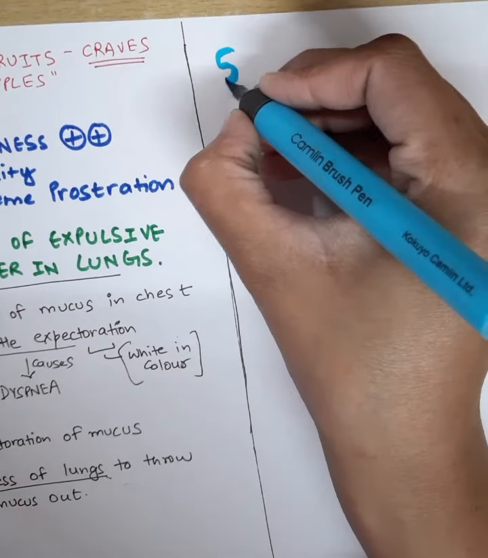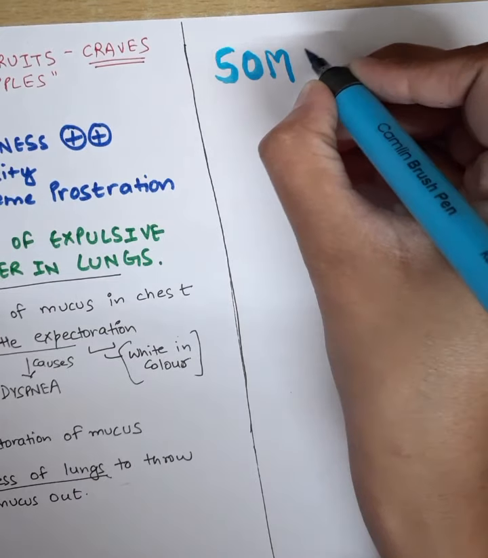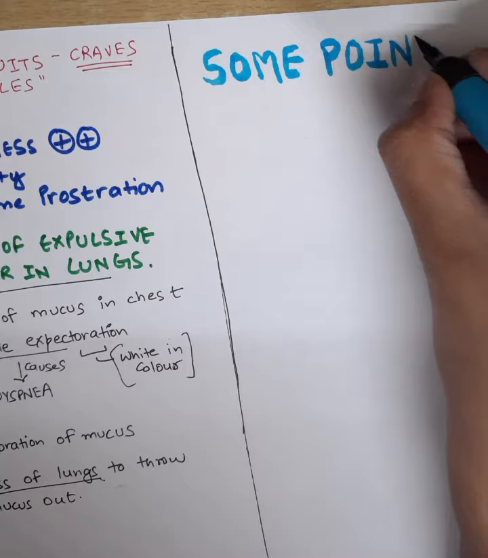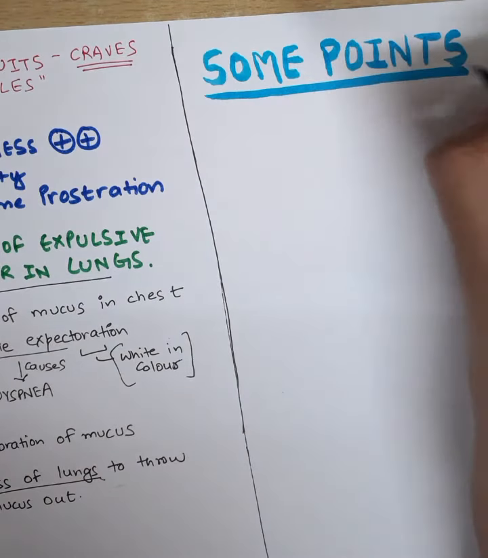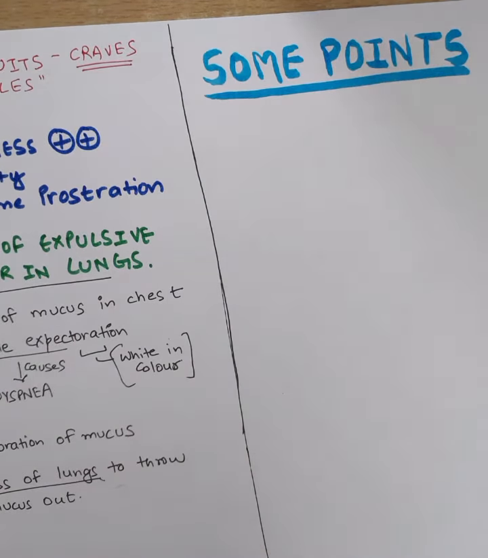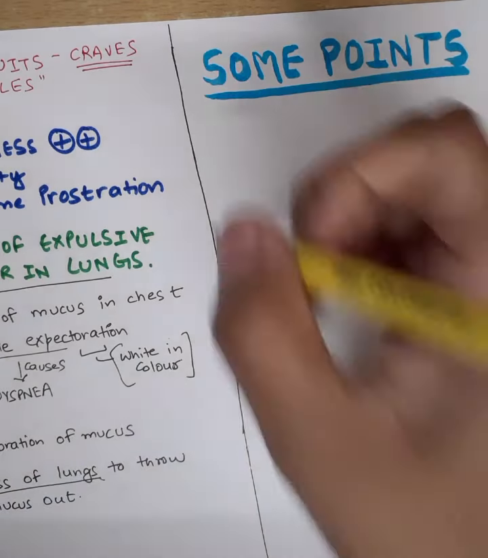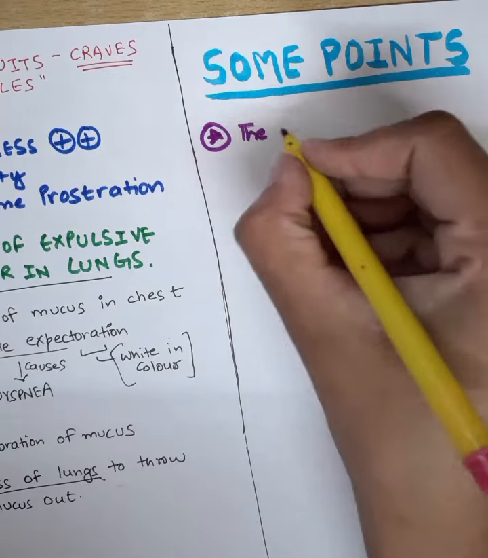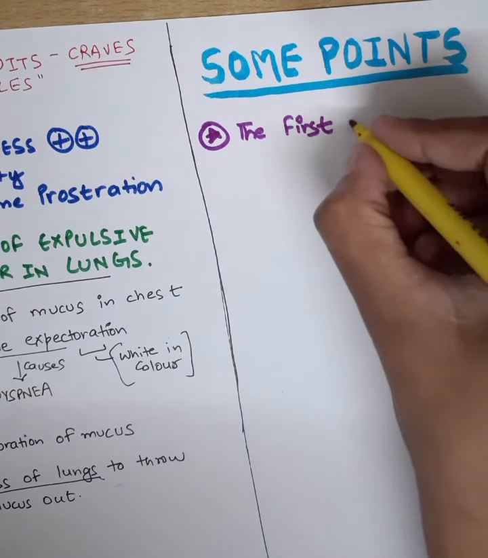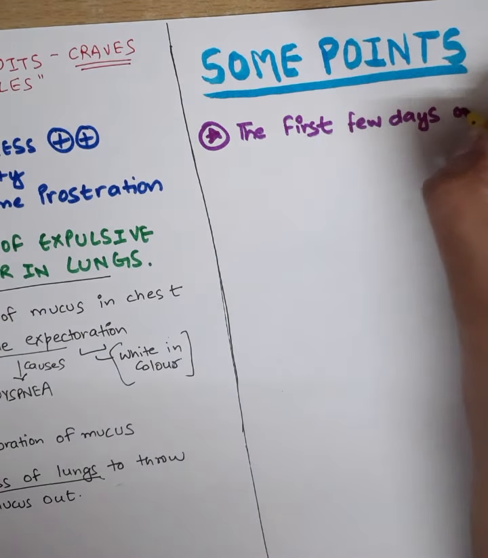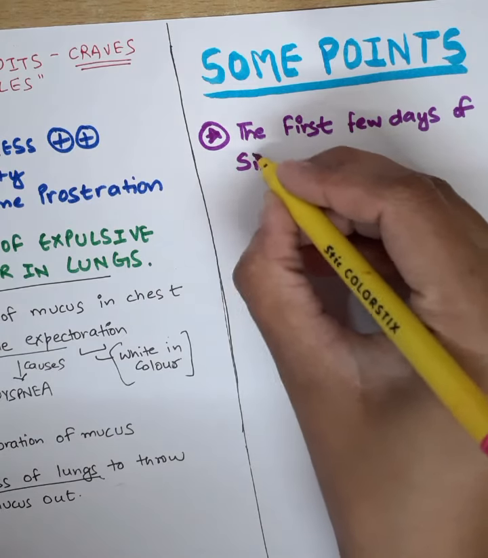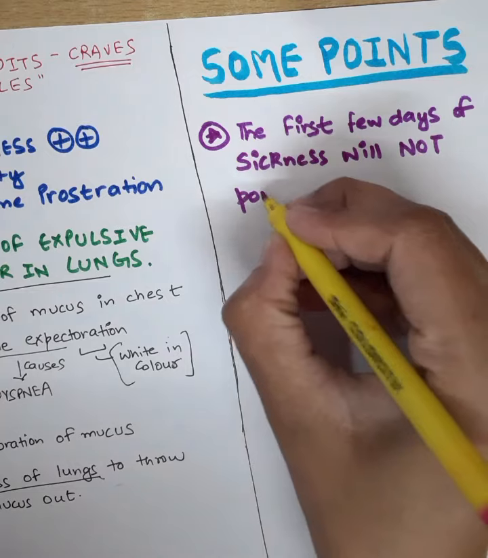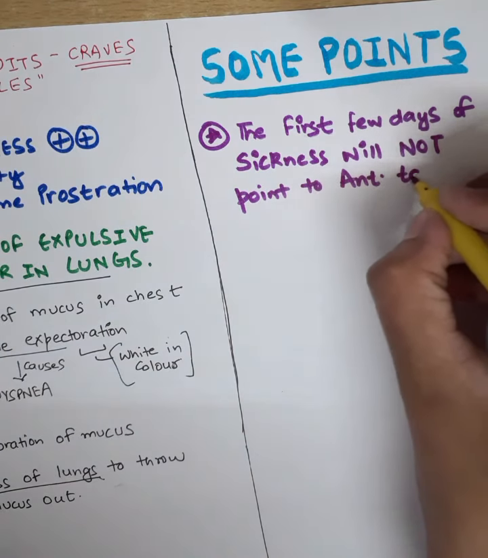Here I am going to write some points that I found interesting, so I thought you should know. The first one is that the first few days of sickness never call for Antimonium Tart.